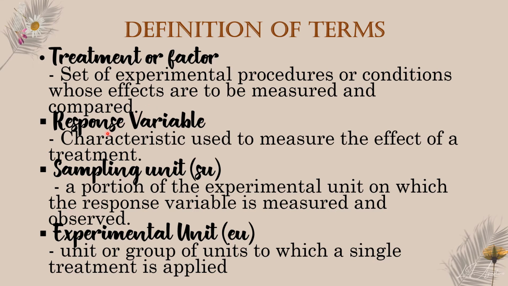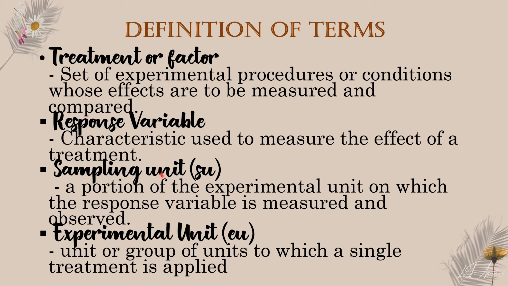The response variable or dependent variable is the characteristic used to measure the effect of a treatment. For example, the plant height, the number of leaves, the yield, is one of the response variables in experimental studies.